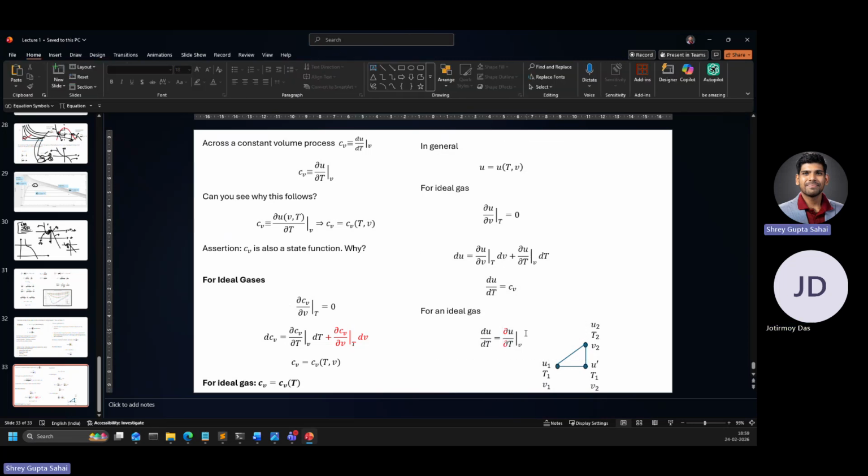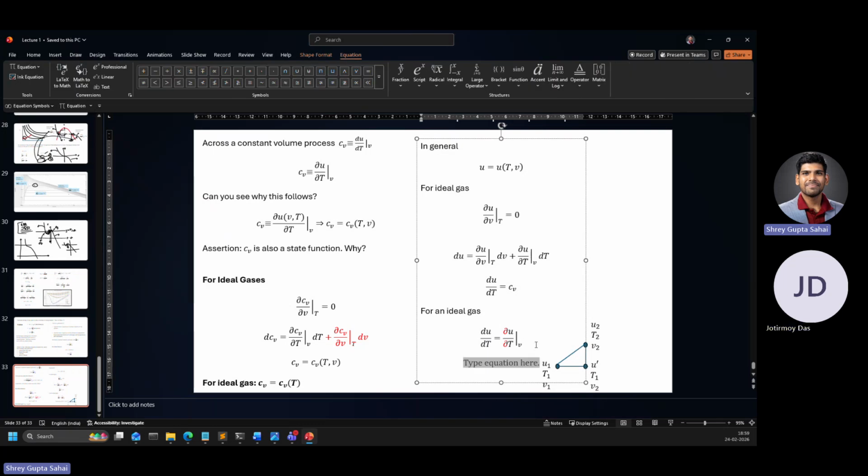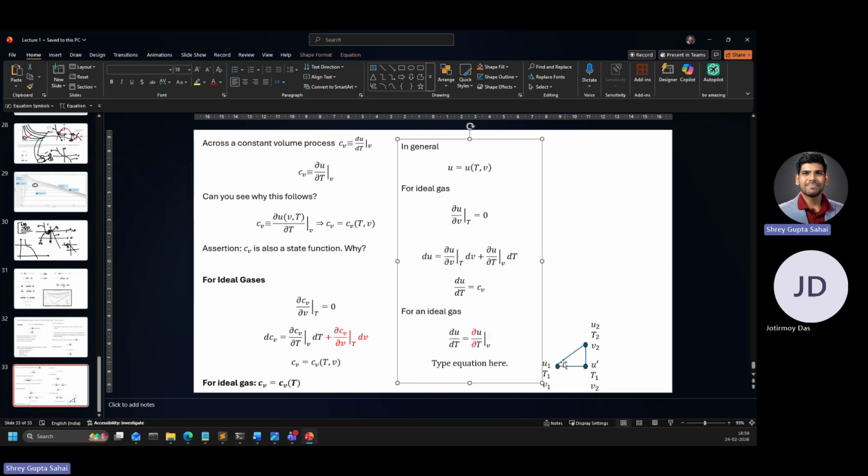Now, if I ask you for this process, tell me what is dU? I'll write the right hand side and left hand side for this path. Between these two states, not for this path, basically between these two states, I'll remove this state for now.